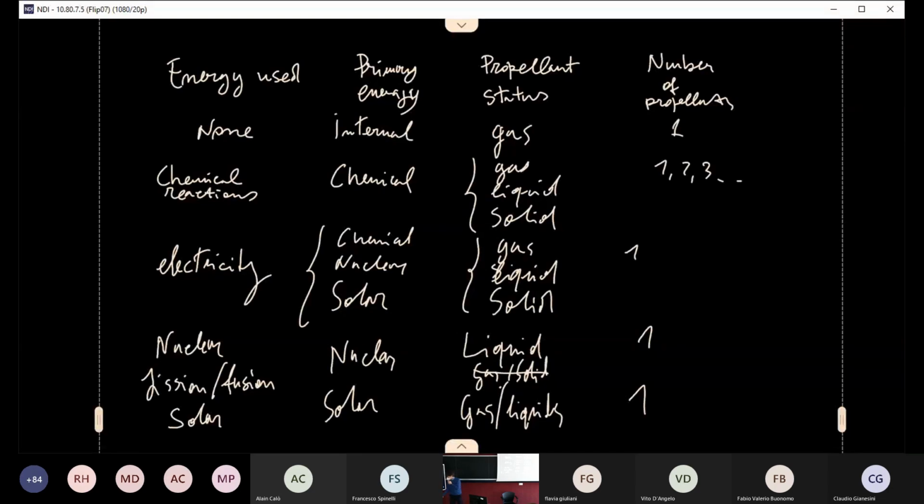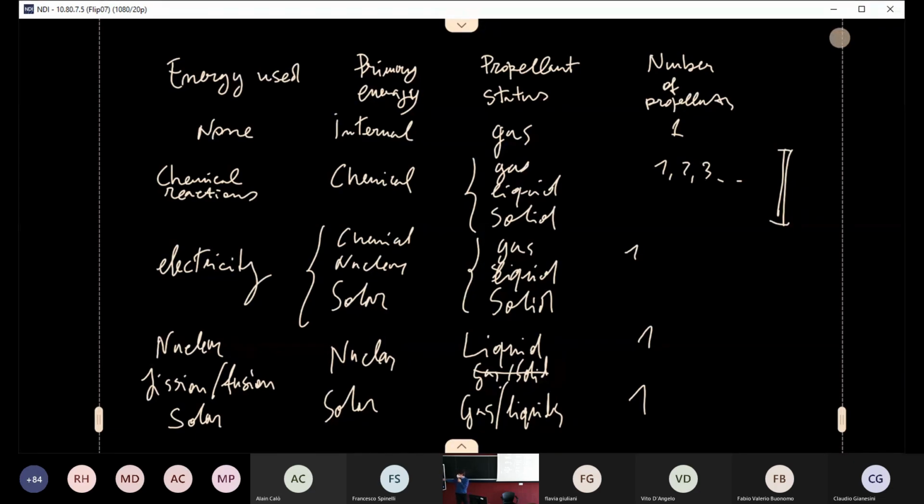So in this table, we see most of the propellants used in space propulsion, and it's almost everything, especially in chemical propulsion.